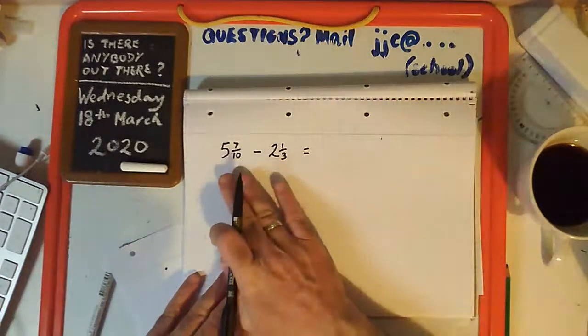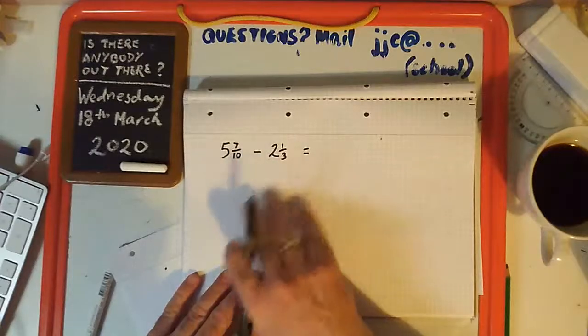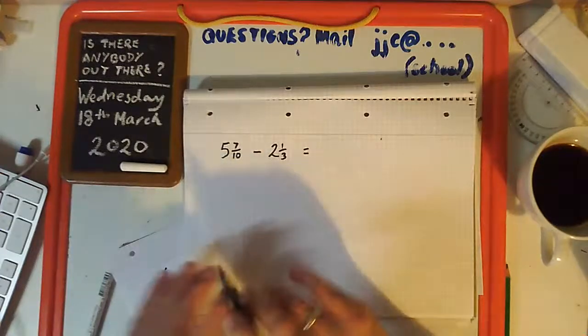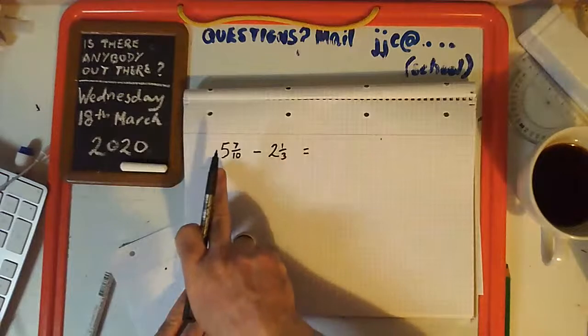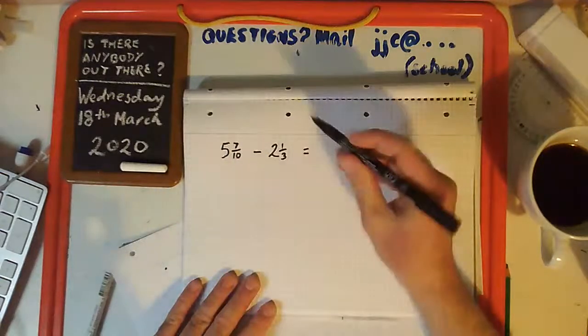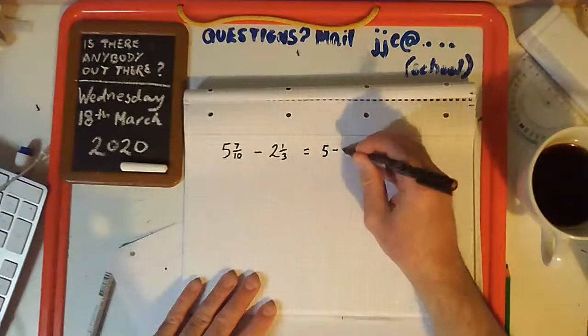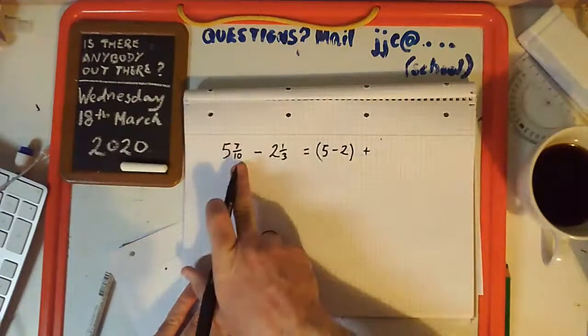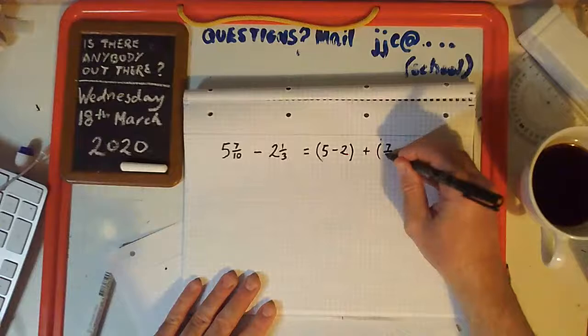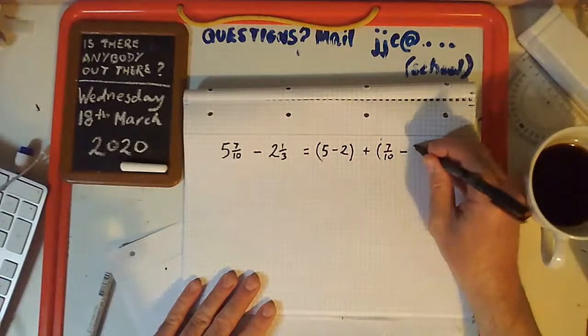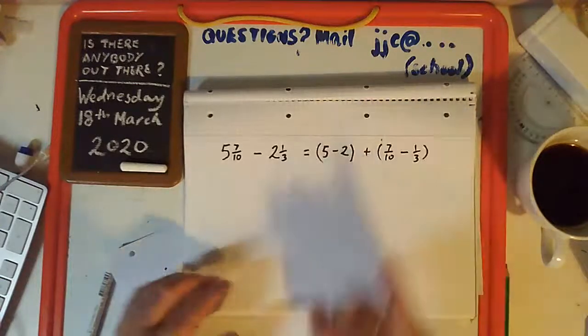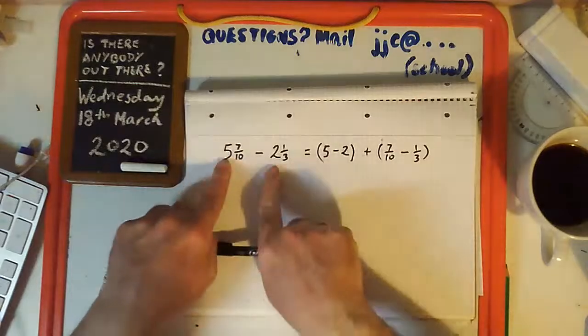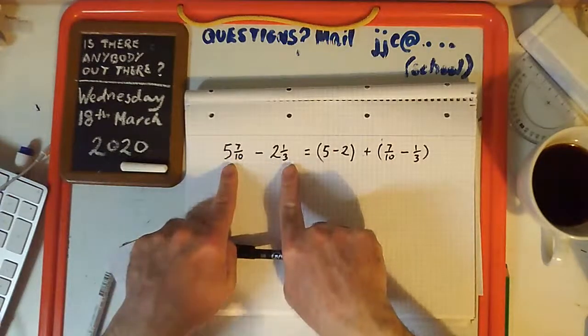So again, I like to split these up into the number bit and the fraction bit. So I like to take the 5 minus 2 and add it to the 7/10 minus a third. So I like to do the number minus the number, the fraction minus the fraction.